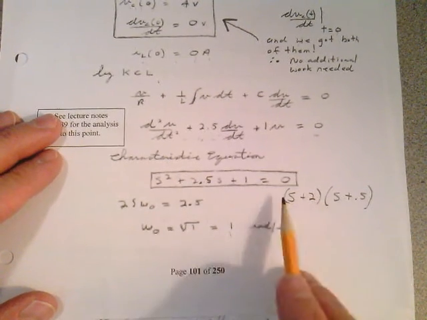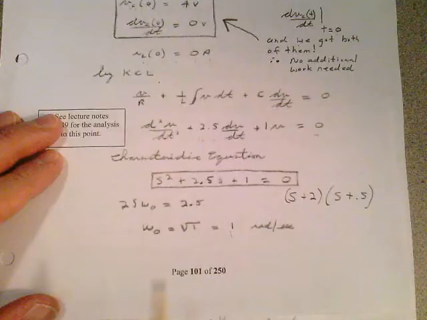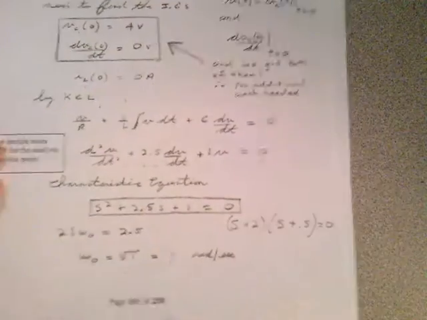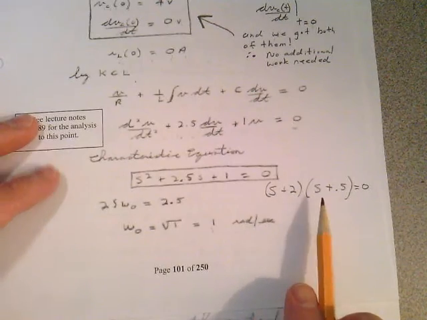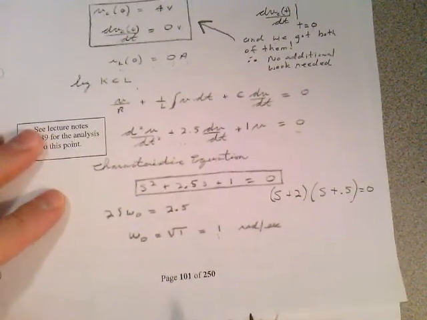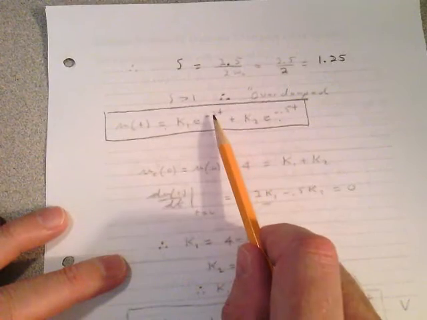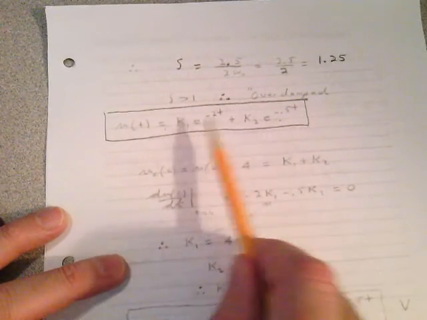If you take a look at that and multiply that all out, you get this. So what is s equal to here? The roots of that are s equals -2 and s equals -0.5. And I put it into the equation.